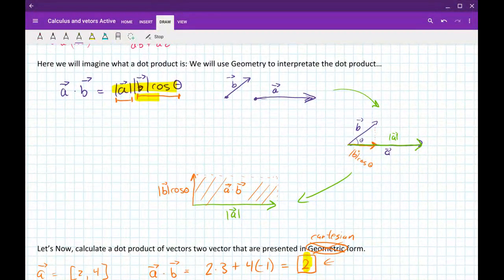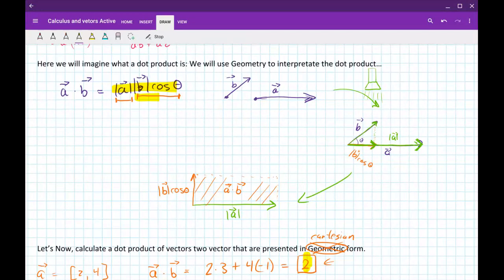Remember, we took one vector and thought about how much of this vector is going on top of vector A. Imagine doing a shadow of a vector, like having a flashlight up here, shining down like an overhead projector.